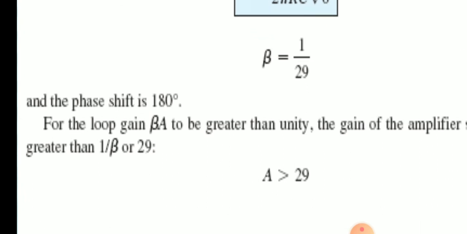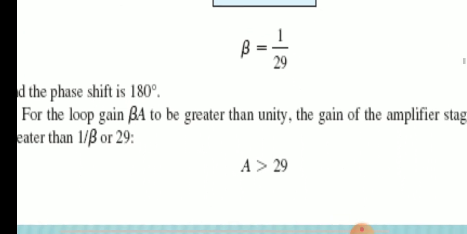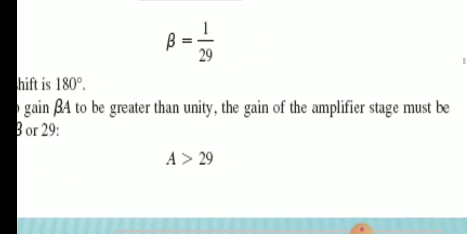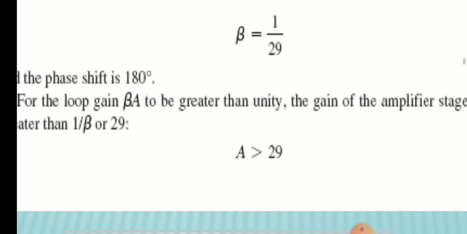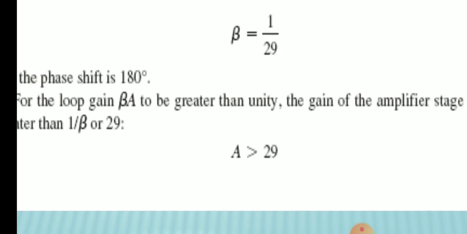So for the loop gain beta A to be greater than unity, the gain of the amplifier stage must be 1 by beta, or 29. That means the gain is greater than 29.